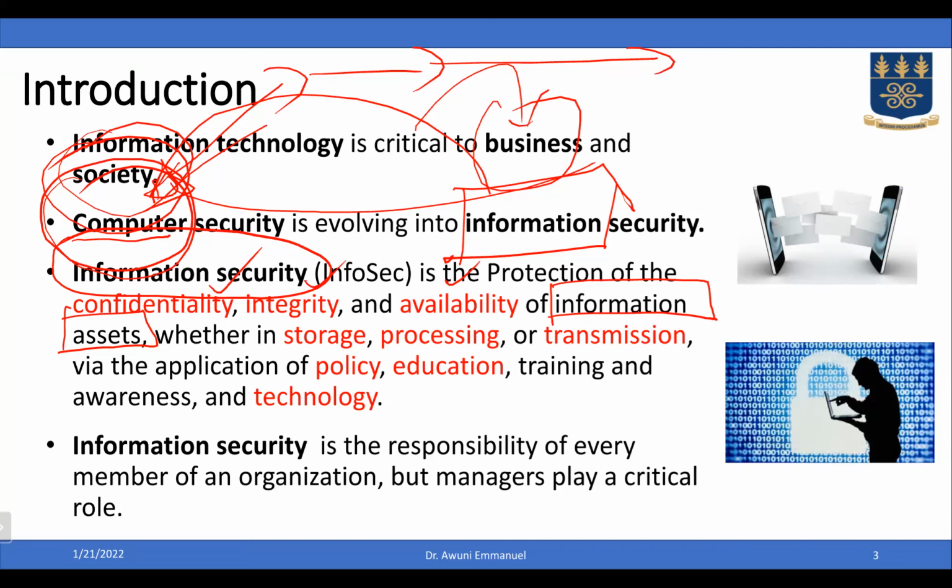If someone compromises or discloses any information that someone can use to target the organization, it doesn't matter whether you have the best security expert in the organization. So it is the responsibility of everyone. Mostly with information assets, credentials are created and given to everyone. So it is your responsibility to make sure that you protect it. As we move on, you understand what I mean by the responsibility of everyone in the organization.